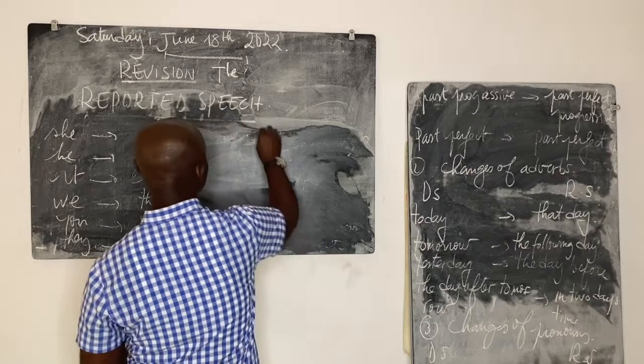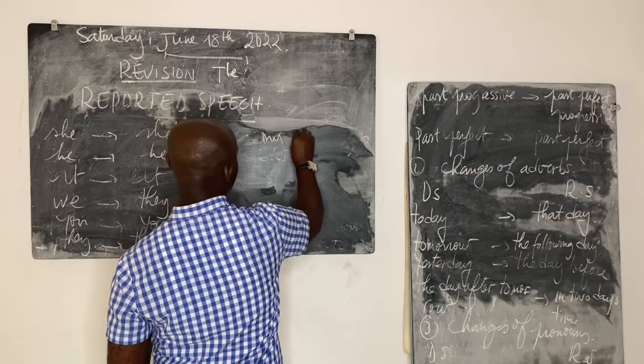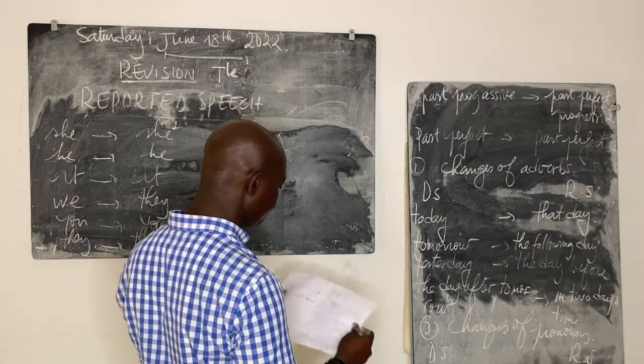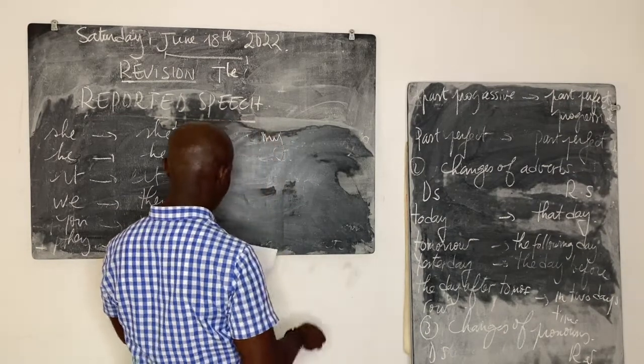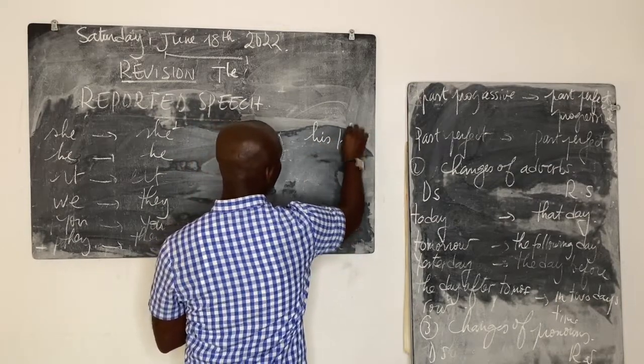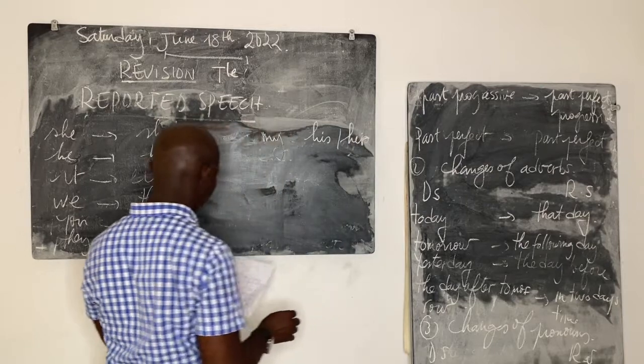We have also the possessive pronouns. About the pronouns, when you say my, it is going to be his or her. When you have his, it becomes his or her.